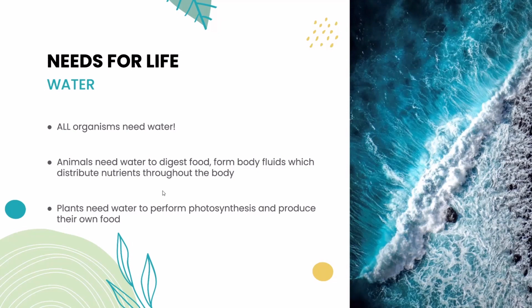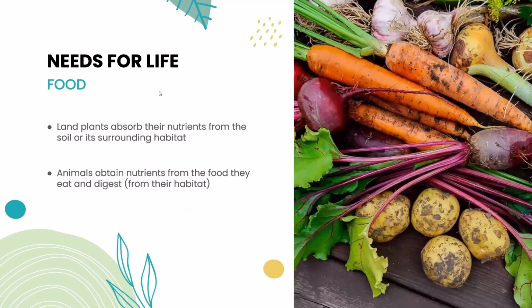Animals need water to digest food, form bodily fluids, and distribute nutrients to the body. Water is kind of like a transportation vehicle: it mixes in with nutrients and helps them spread across the entire body. Plants also need water to perform photosynthesis and produce their own food. Plants get water from their roots and absorb it from the ground.